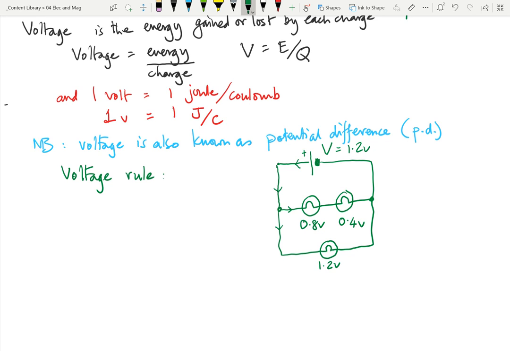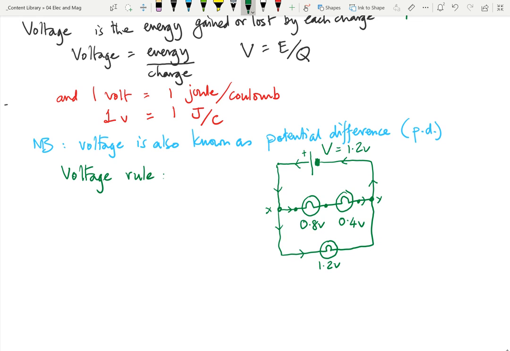So I'm drawing little arrows. 1.2 volts means that each charge arriving at the first light bulb here has got 1.2 joules to spend, so to speak. But not all the energy gets lost straight away, because there are two light bulbs in that leg of the circuit. So by the time the charges get, should we talk about X and Y, as they arrive at Y, then they've spent all their energy, so then they go back for more.